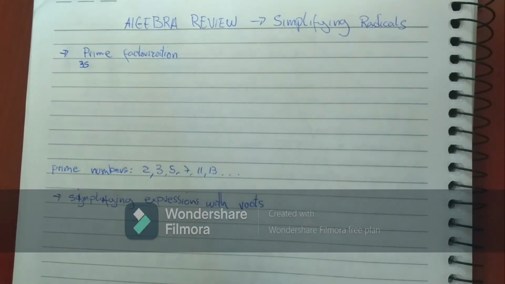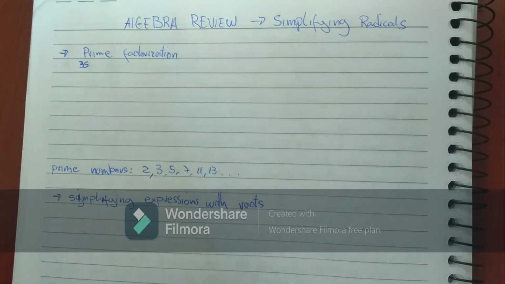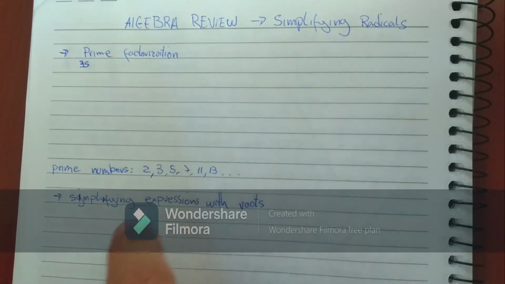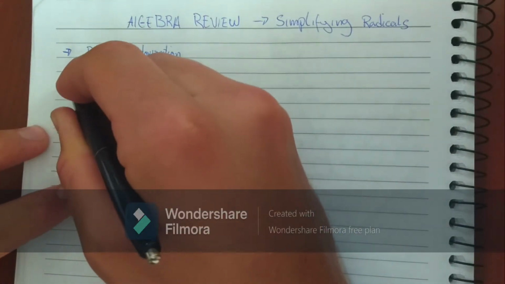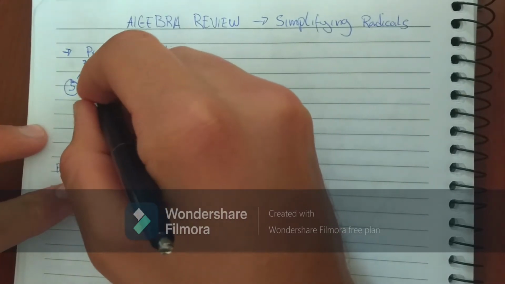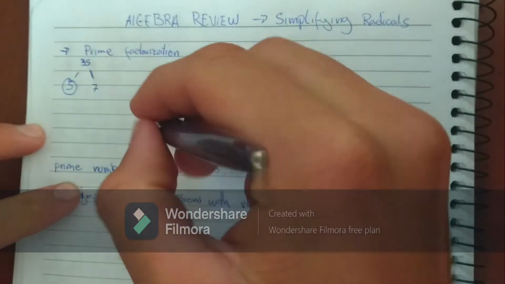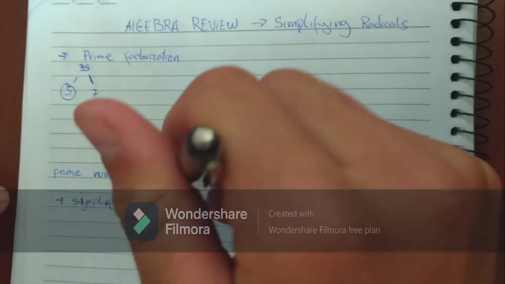Okay, so first we have 35. Can we divide 35 by 2? No, we can't. We can't divide it by 3 either. We can by 5. So if we divide 35 by 5, we can circle our prime number, and our answer will be 7. We can't divide 7 by 5 anymore, but we can divide it by 7, which is our next prime number.